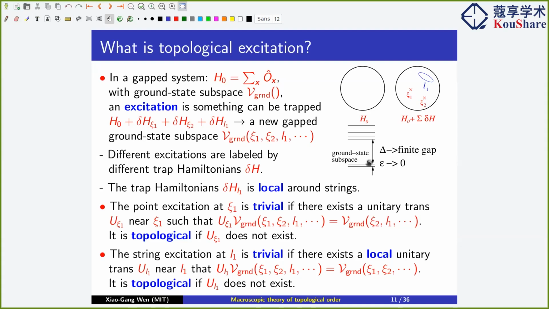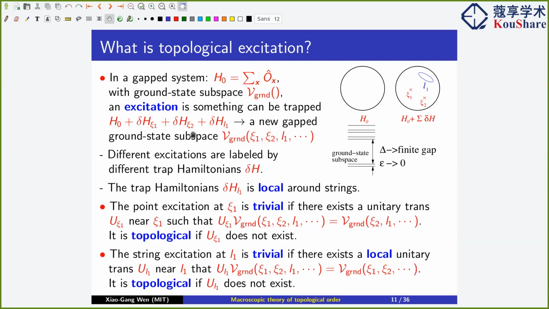But because my trap has SU(2) symmetry, the trapped state always has twofold degeneracy. So we do not trap a spin up or spin down electron. We trap them together. This notion is very important. The internal degree of freedom is hidden in this degeneracy. This degeneracy is like an internal degree of freedom for the trapped excitation.